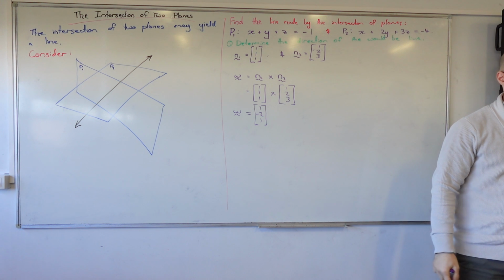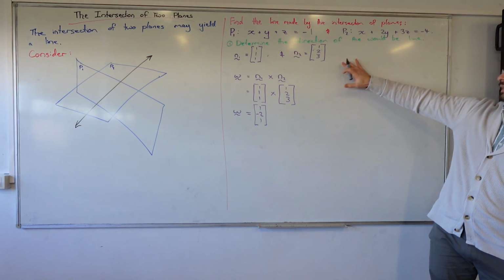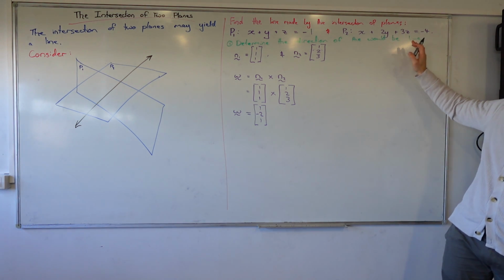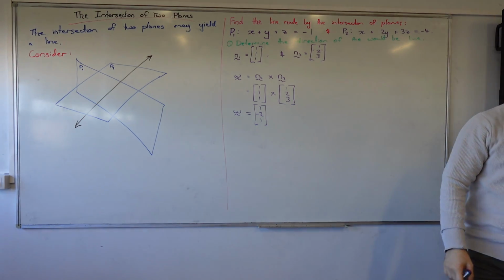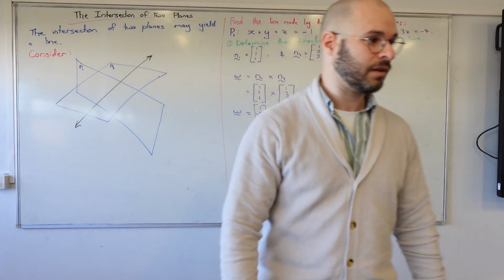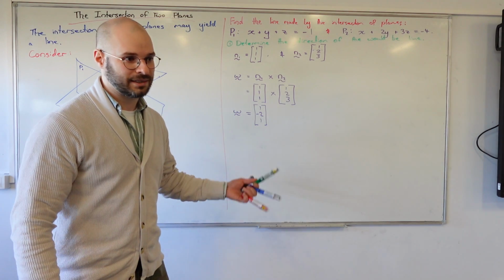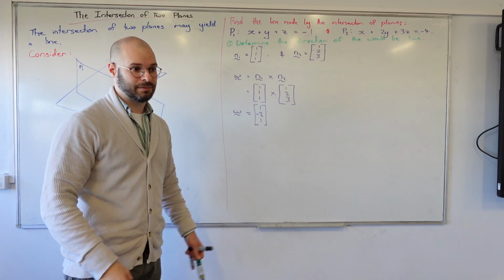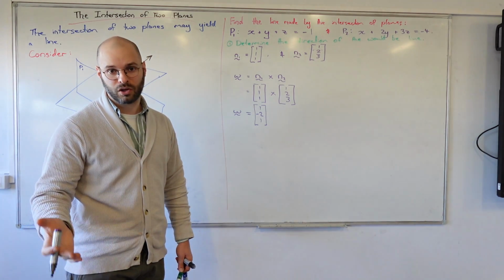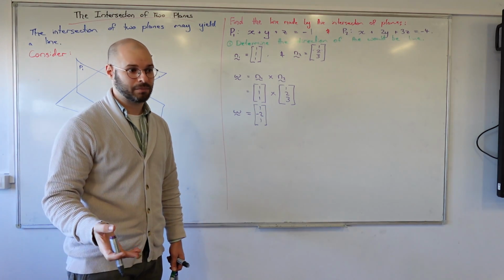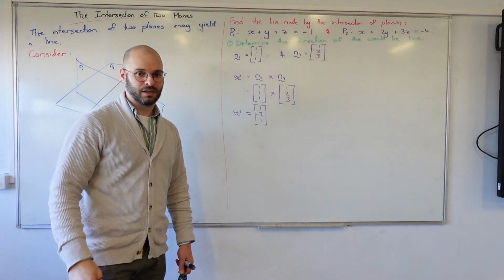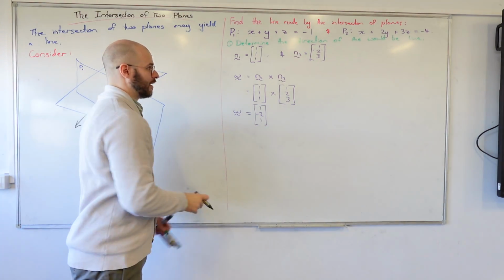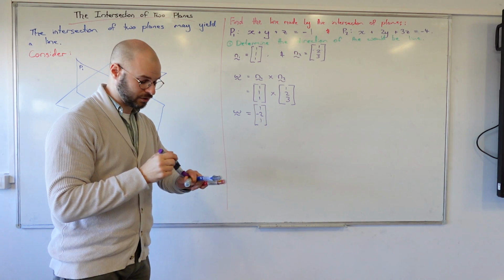No, because they're never going to intersect. So the first step is determine the direction of the would-be line. If you discover that your two normal vectors are scalar multiples of one another, stop, because you're wasting your time. There will be no intersection, or there'll be infinitely many intersections. In either case, it won't be a line; it will be a plane, or there'll be nothing at all. So this is the first step. This is the direction of the line that we're going to find.